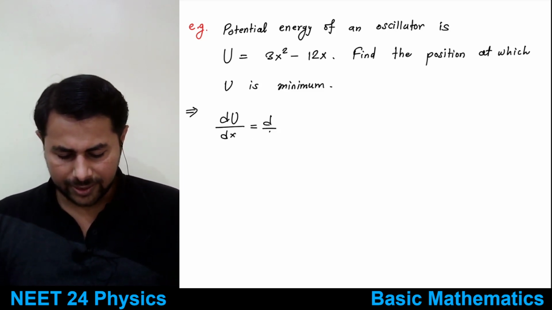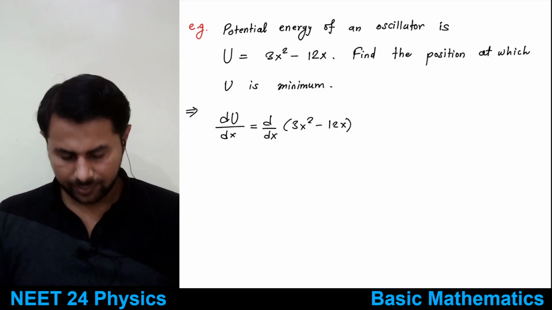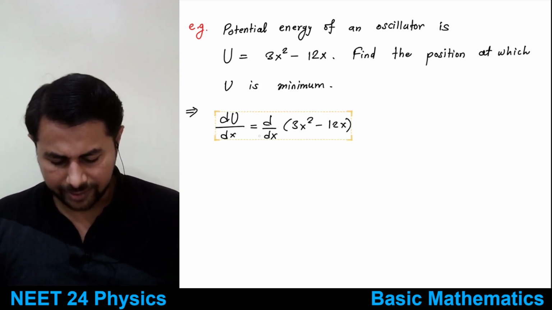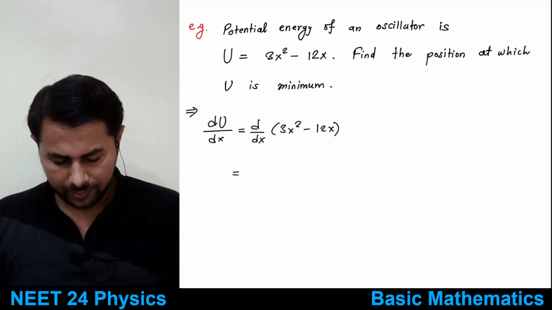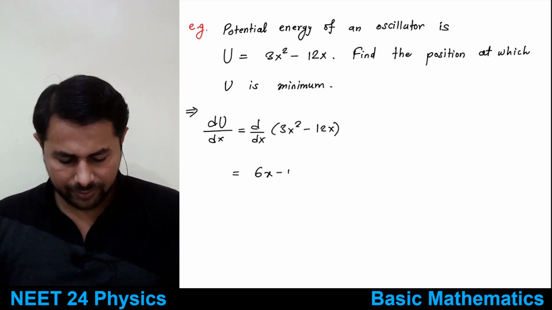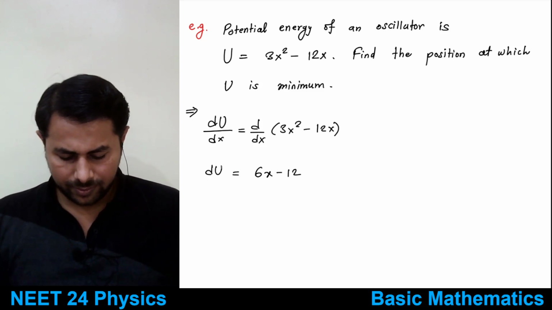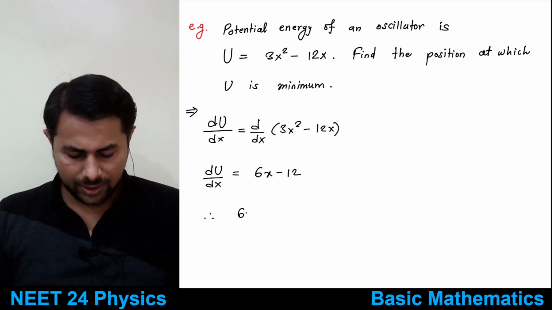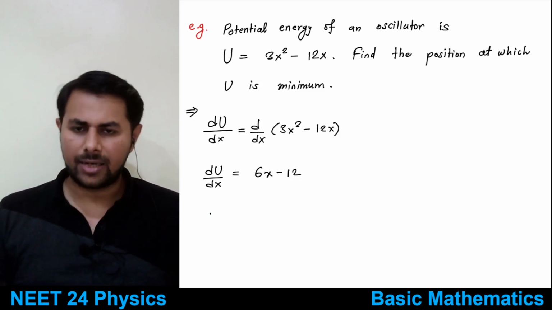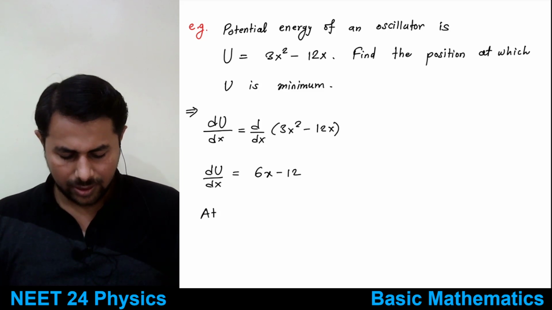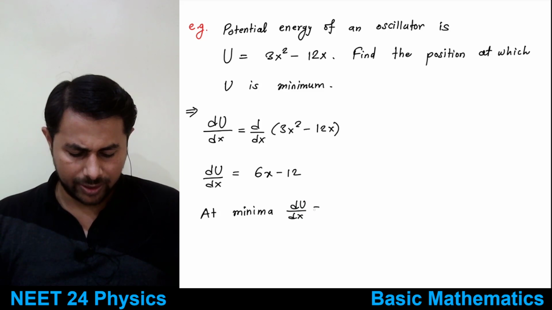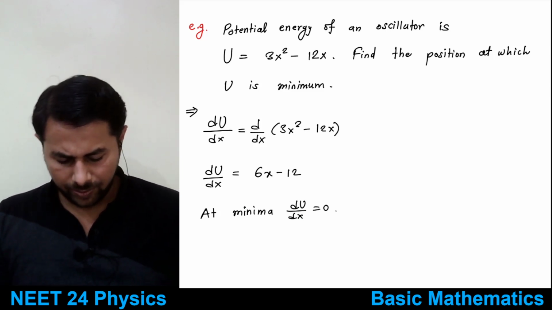It's equal to d by dx of 3x square minus 12x. It is 6x minus 12. Very good. And at minima, du by dx will be equal to 0, so put that equal to 0.